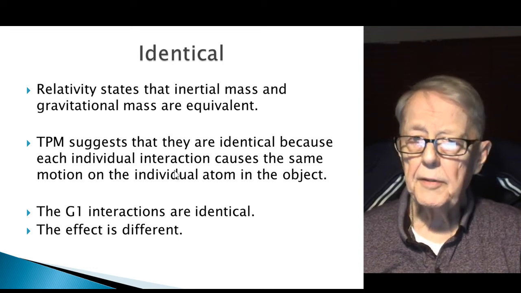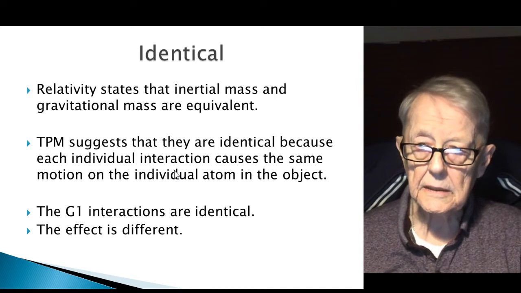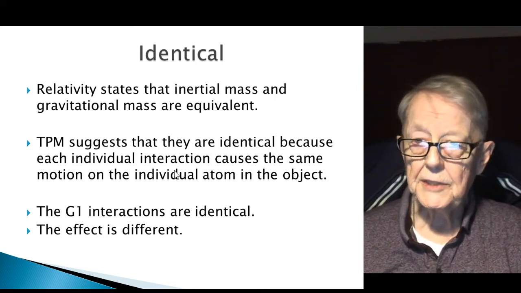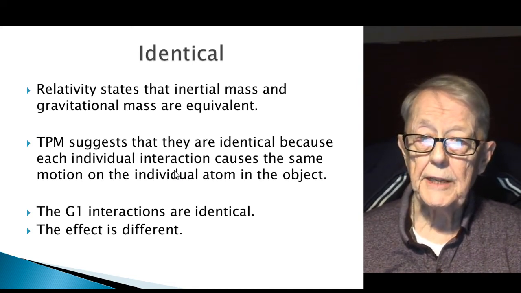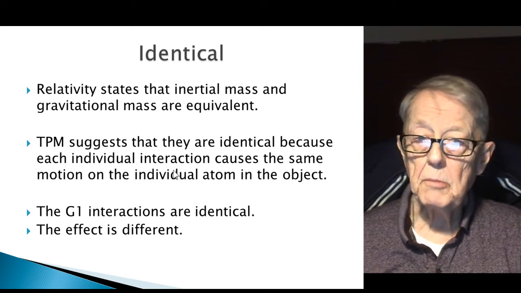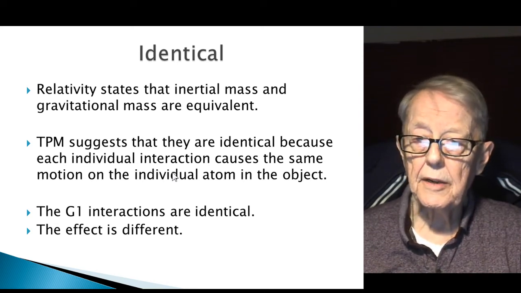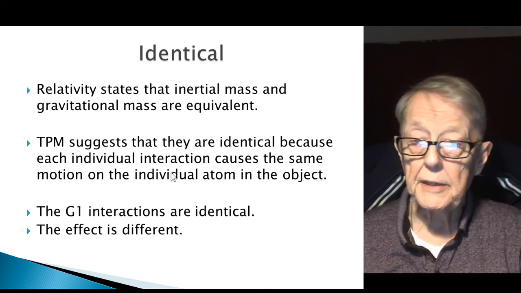Okay, relativity states that inertial mass and gravitational mass are equivalent. But the particle model suggests they are identical because each individual interaction causes the same motion on the individual atom in the object, in the man in this case.